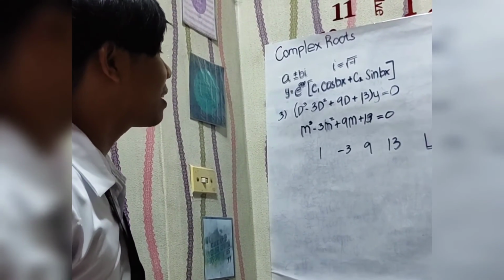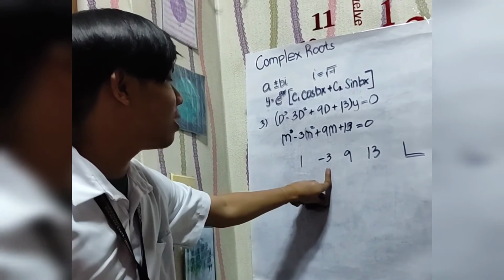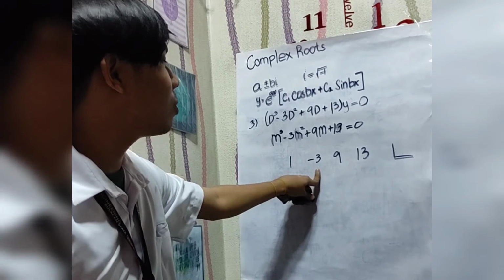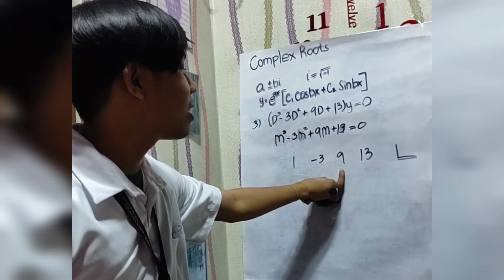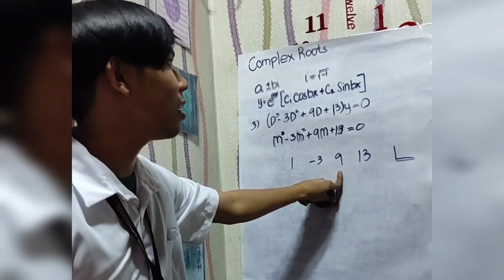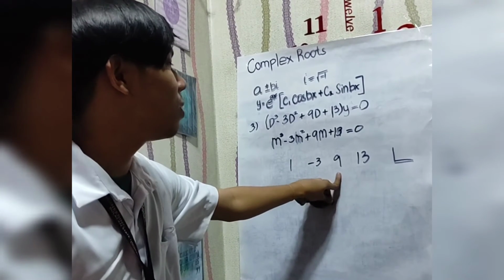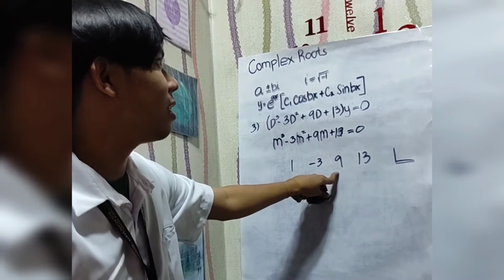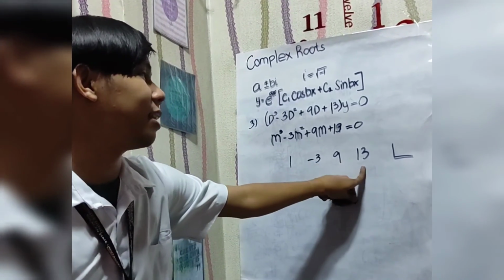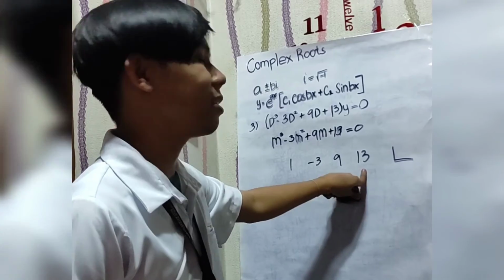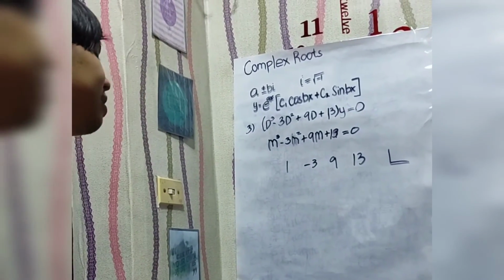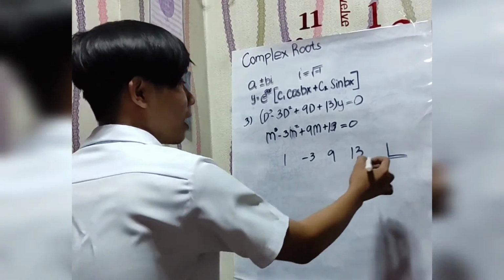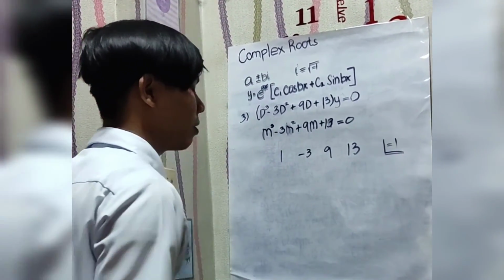Paano pag positive? 1 minus 3, negative 2. Negative 2 plus 9, magiging 7. And 7 plus 13, hindi siya magiging 0. So, ang itatry natin is negative 1.